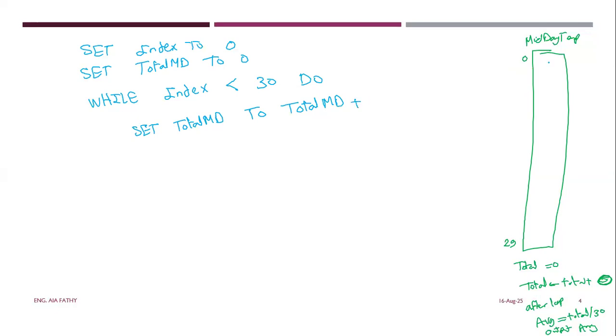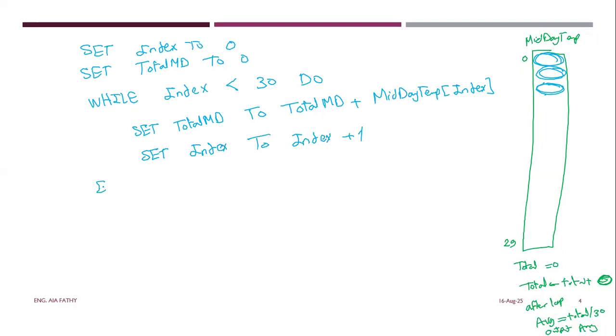What is the number which we want to add? The first temperature, the second temperature, the third, and so on, which is midday temp of index. The first index was 0, and then 1 and 2, and so on. So you have to increment the index, not to have an infinite loop. So set index to index plus 1.